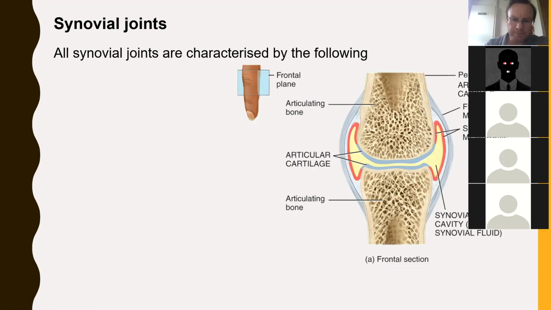So I'm going to just talk you through this structure fairly quickly. So first of all, it's always quite good to draw along these. So what I would suggest is grab yourself a pen and a piece of paper, and we'll draw ourselves a synovial joint.